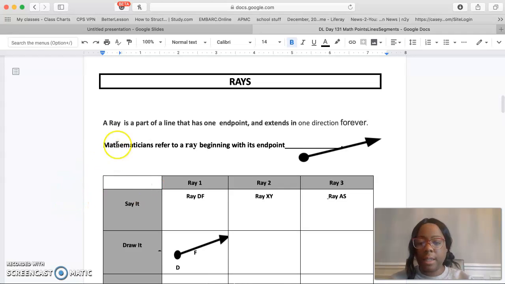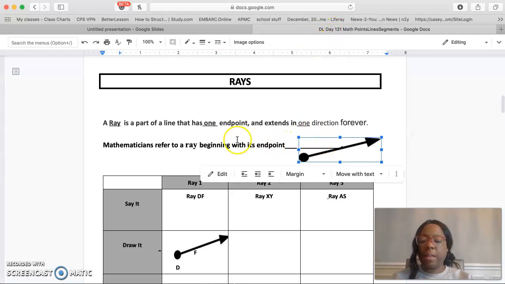I've already taken the time to fill in the underlined portion for you, and we know that a ray is a part of a line that has 1 endpoint, and it extends in one direction forever.